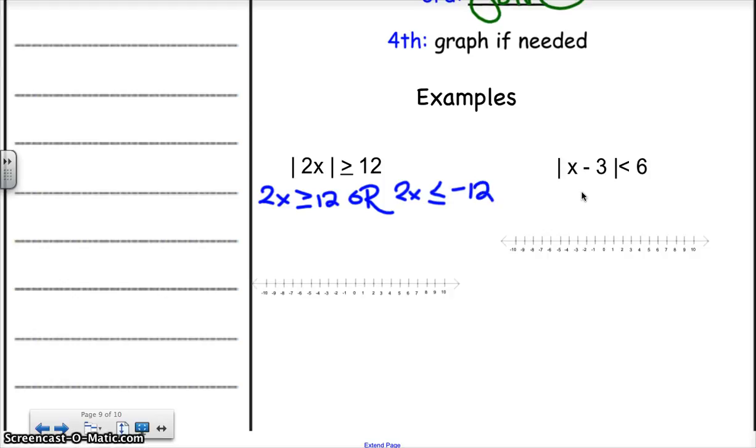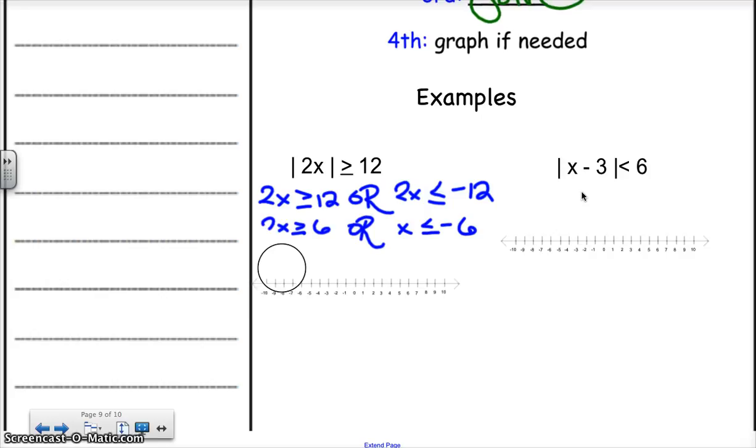The only difficult part here is when you have to remember to MD and F that second case. So be so careful. Now I can solve. Divide by 2, x is bigger than or equal to 6, or divide by 2, x is less than or equal to negative 6.